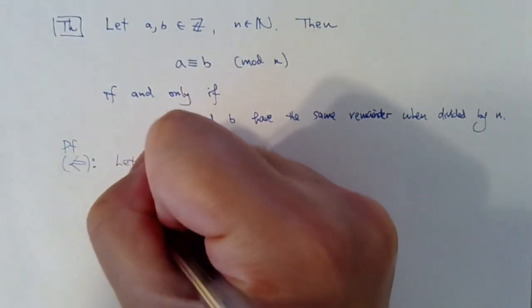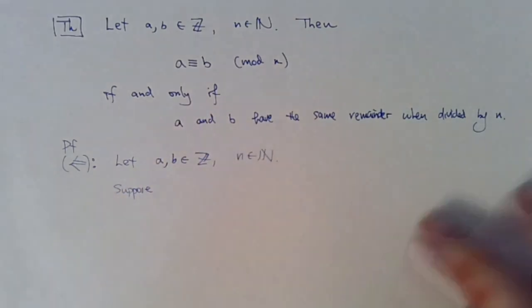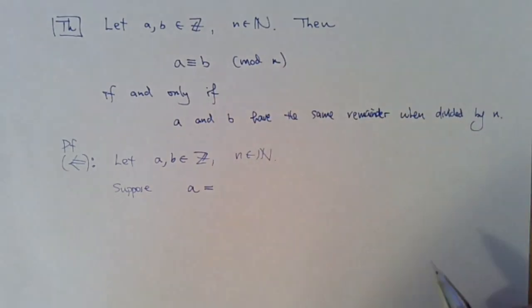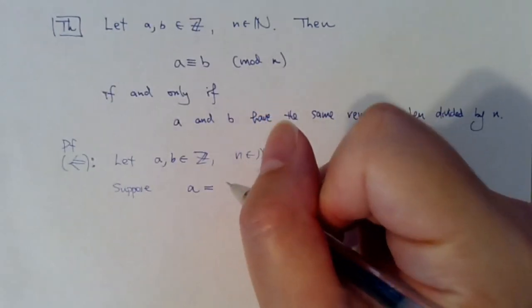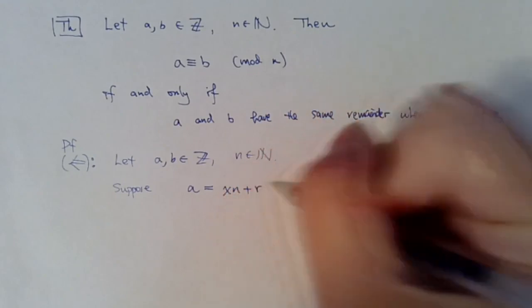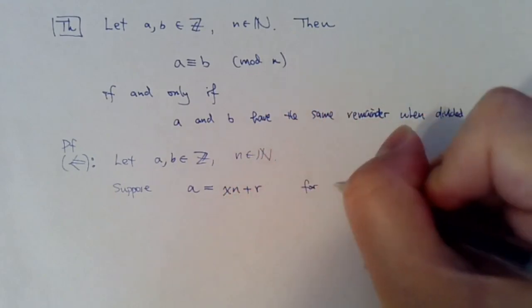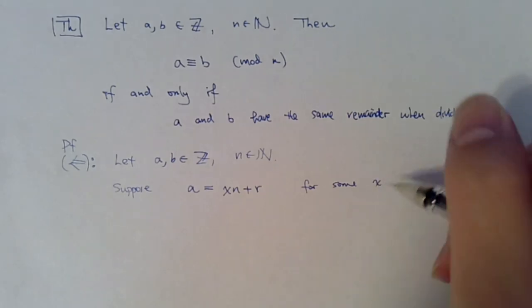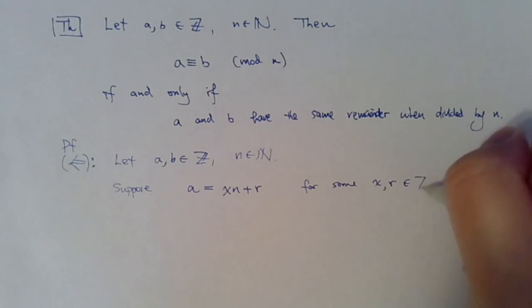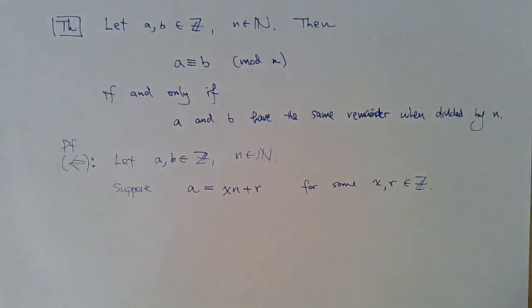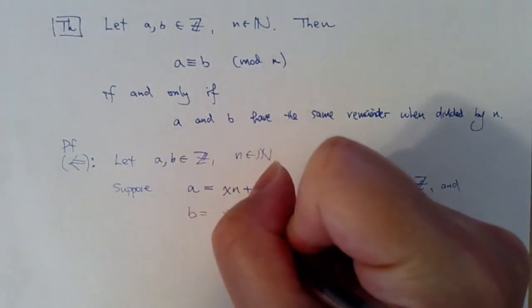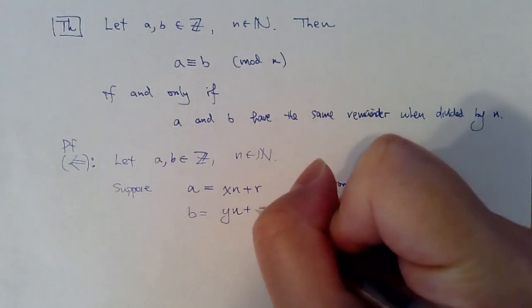Let's suppose that a is equal to, let's say, xn plus r for some x and r, these are integers, and b equals yn plus r.